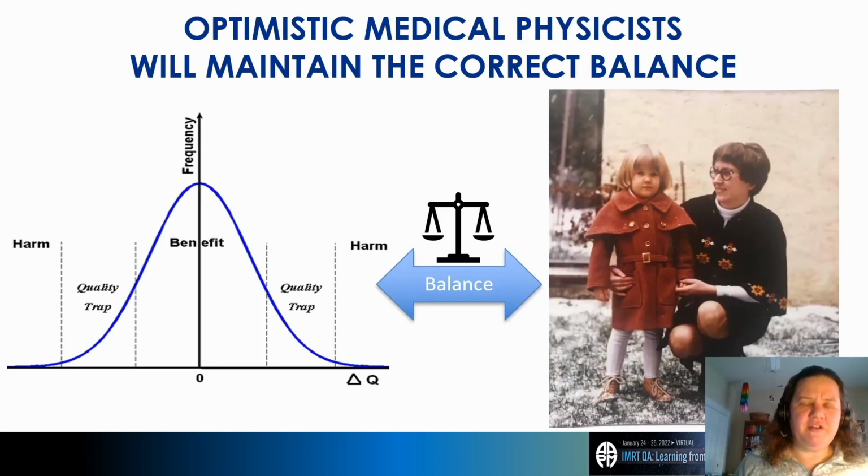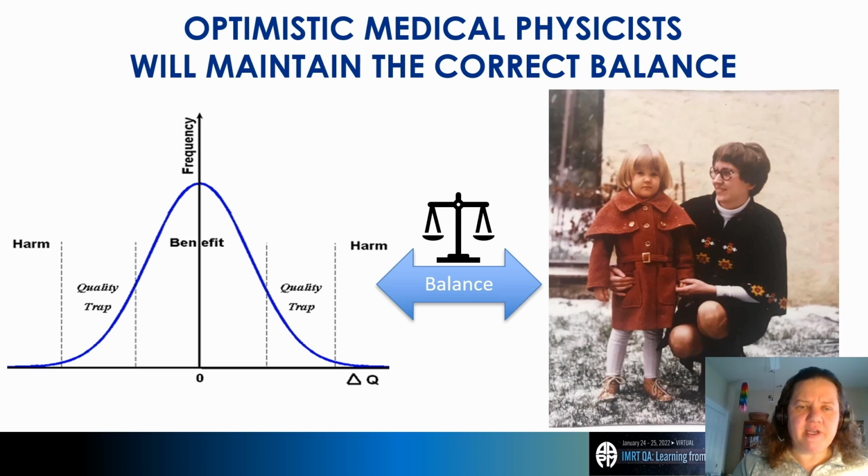But I do believe that as time goes on, we as medical physicists, as a profession, can find the correct balance between optimizing the safety, shrinking that sigma, narrowing the quality gap, and minimizing the number of patients that come to harm.